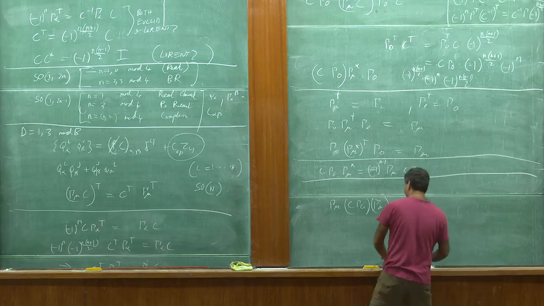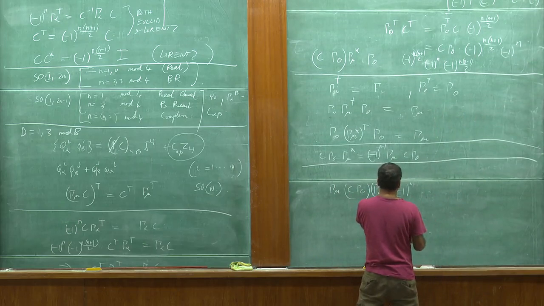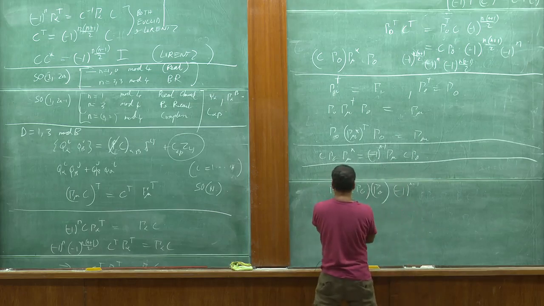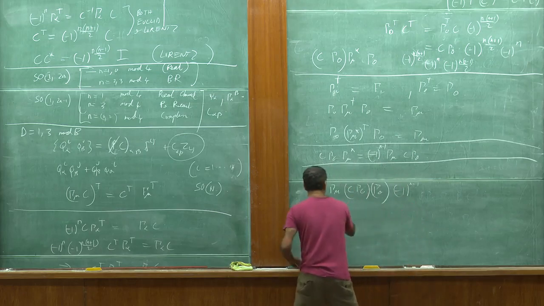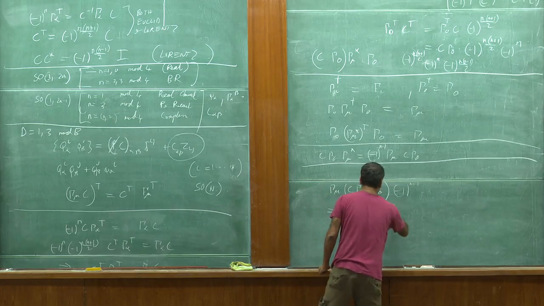So that's just gone. Okay, n minus 1. And then this is equal to gamma mu times C times minus 1 to the power n.